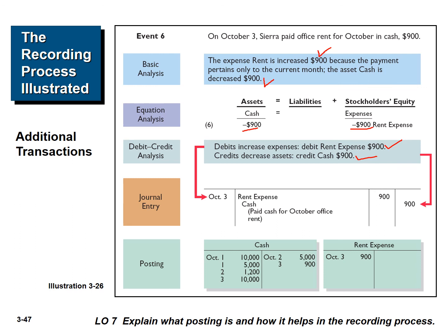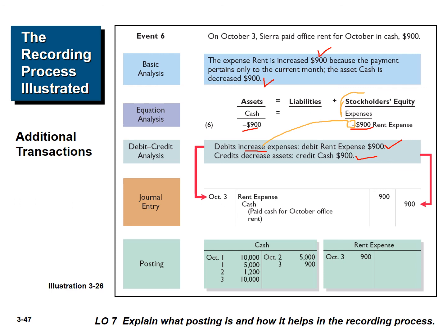Now a lot of people are going to get confused here because this says increased expenses, but up here we said a minus. Well, expenses are increasing. What's decreasing is stockholders' equity. See how this is under stockholders' equity? So stockholders' equity is going down, but expenses are increasing.